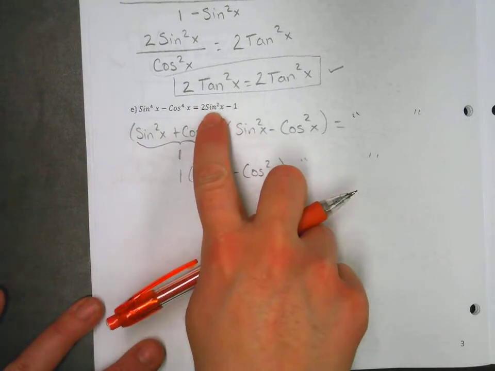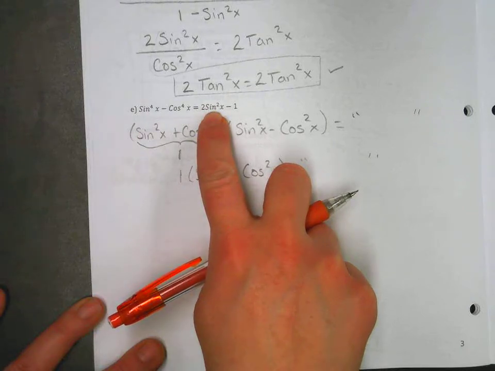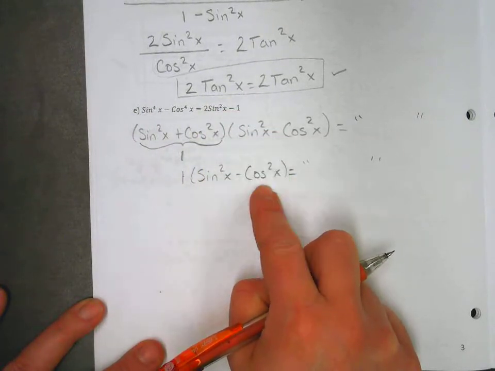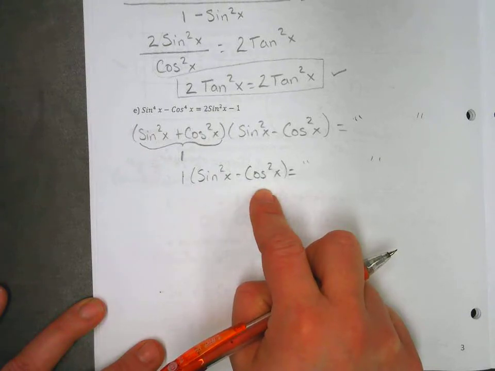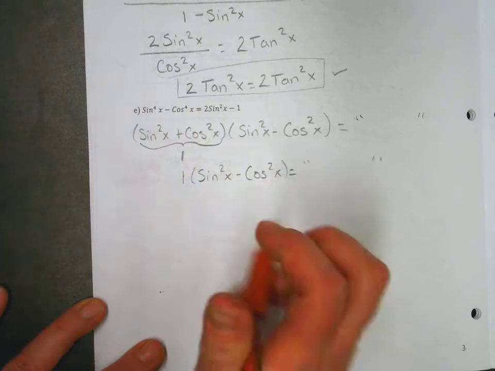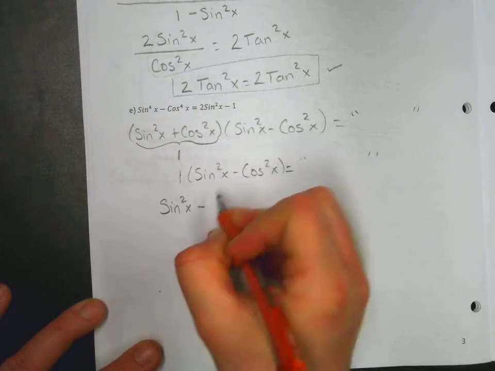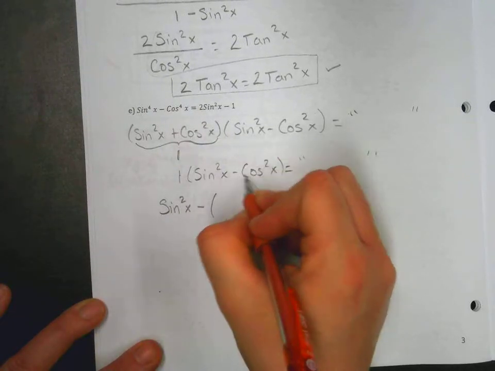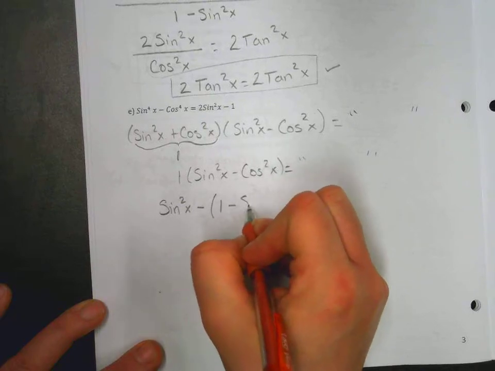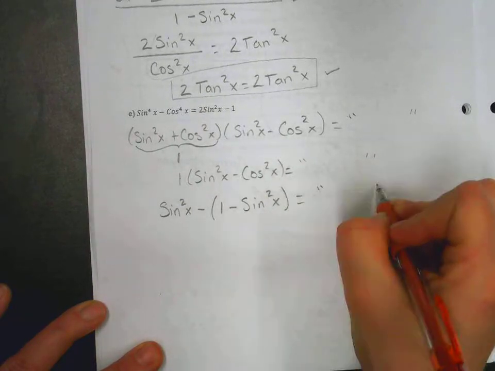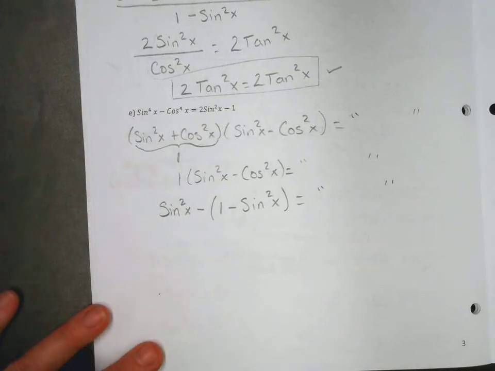If I look at the right side of my equation, this is only in terms of sine, so I want to somehow change cos squared x so that it's just in terms of sine. Well, this is my Pythagoras identity as well. So I'm going to take sine squared x minus, and then in brackets, I'm going to change this to 1 minus sine squared x. This is still the same. I'm not going to touch that.